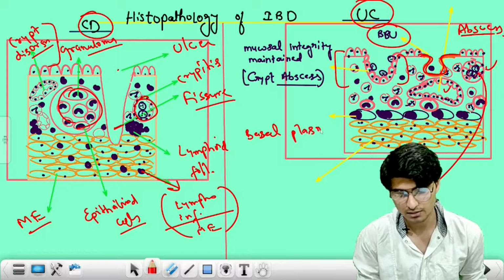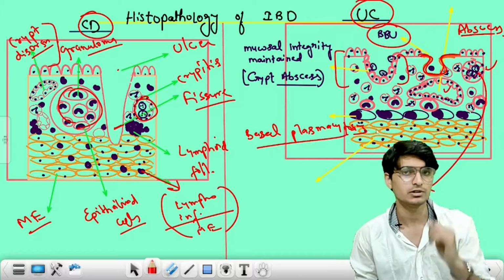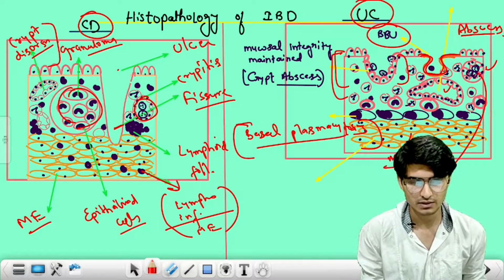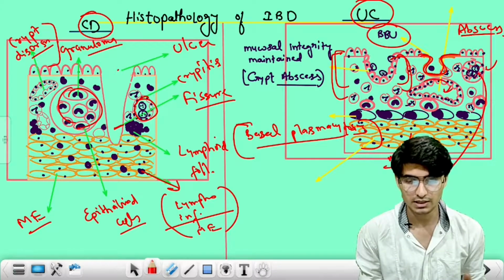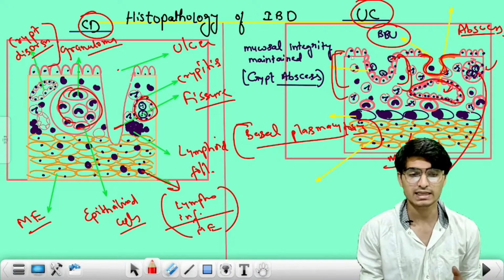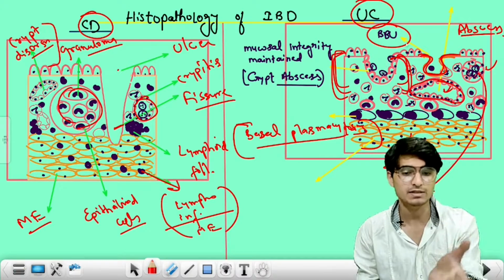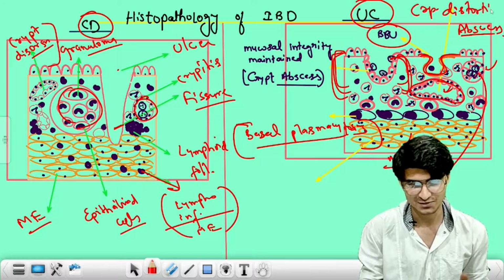These are plasma cells which are present at the lower border of submucosa, okay, just above the muscularis externa. So guys, this is our crypt abscess, this is crypt distortion here. This area is of crypt distortion here, and that is our crypt abscess, and there is cryptitis, crypt abscess, and crypt distortion is there, right?